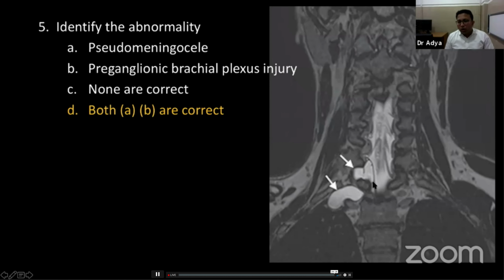Pseudo, since it is not outlined by dura. This pseudomeningocele is a result of nerve root avulsion, which is proximal to the dorsal root ganglion. Hence, it is also a preganglionic brachial plexus injury. Hence, D, both A and B are correct, is the correct answer.